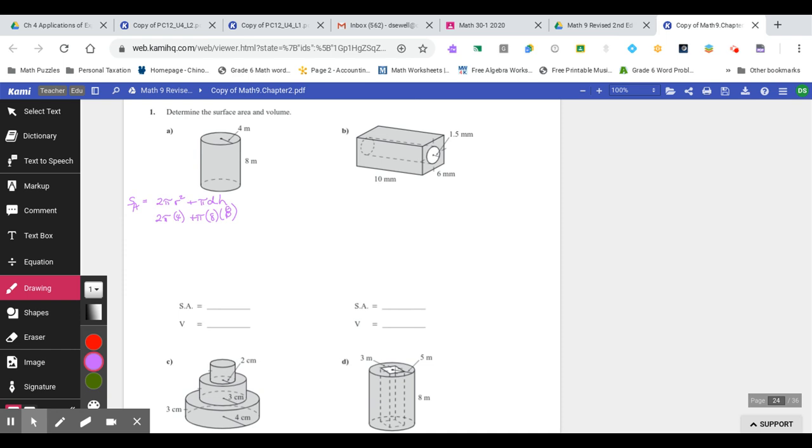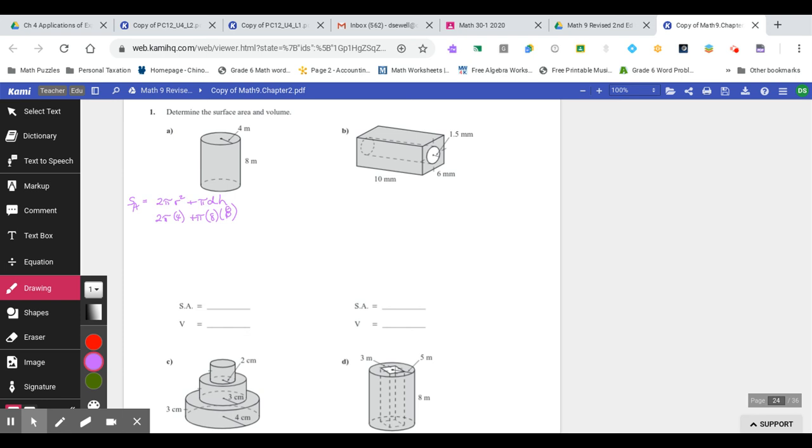So let's just do that one more time. You're going to have to find the complete surface area of the box, subtract the two end circles that are missing, but you will have to add in the inside of that tube because that's going to be painted when you're done. So let's just work it out.